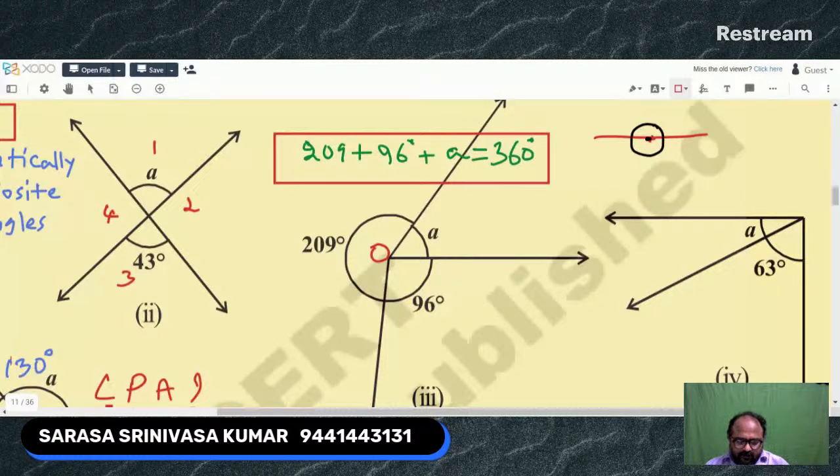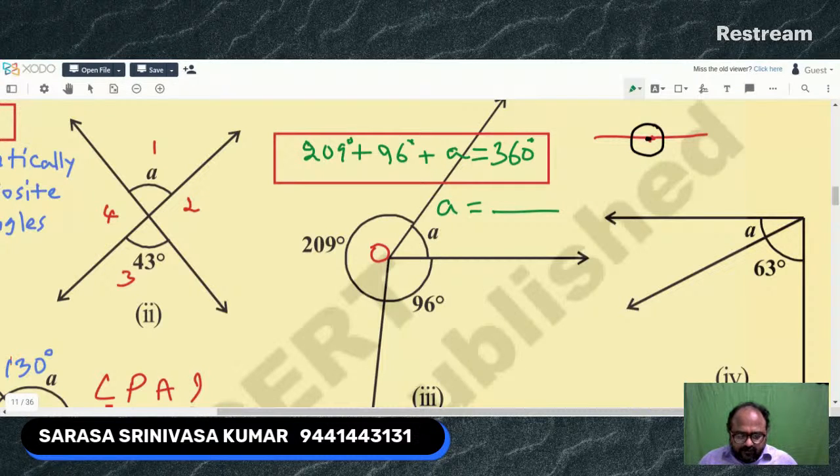Students, you can respond in the chat box. What is the angle A? Angle A equals 360 degrees minus the sum of these two angles, 209 degrees and 96 degrees. So from this you can get the value of A. I am keeping a blank there.